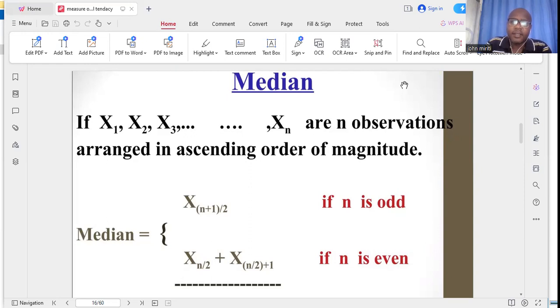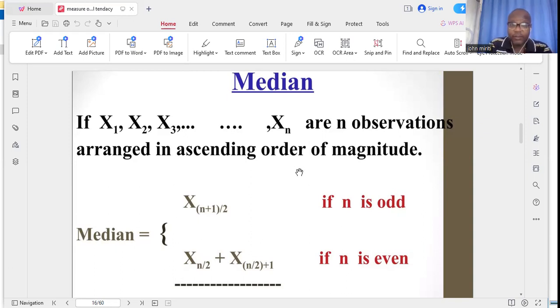There are two formulas to use: one when the total number of data or subjects of study is odd, and one when the total number is even. The formula for calculating the median when the total number of subjects is odd is: you get the total number, add 1, then divide by 2.